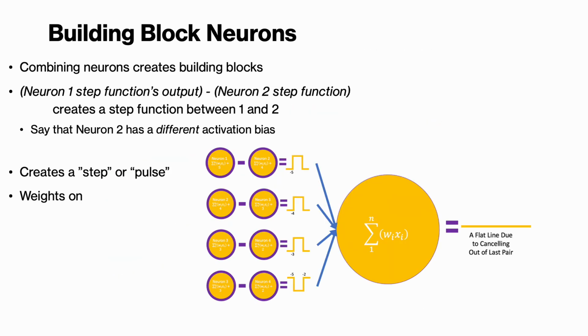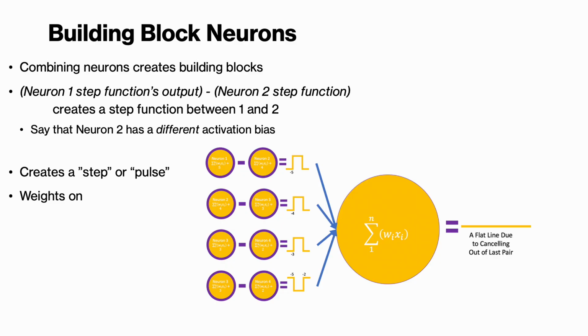Building block neurons: here is another cool visual, and we'll zoom in on it on the next slide. But real quick before we do that, combining them creates building blocks. I think we already touched base on that. A step function is neuron number 1.